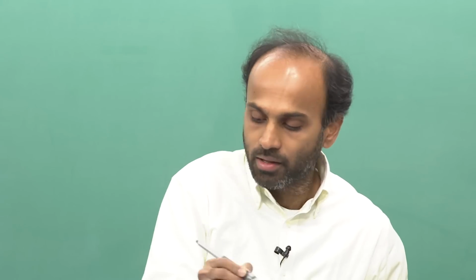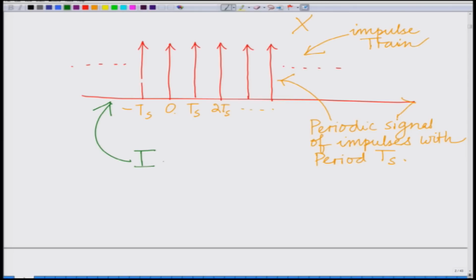The height of each impulse will be proportional to the signal level at the time of that impulse. So, one way to sample is by multiplying the original signal with an impulse train. This is also known as ideal sampling or impulse sampling.